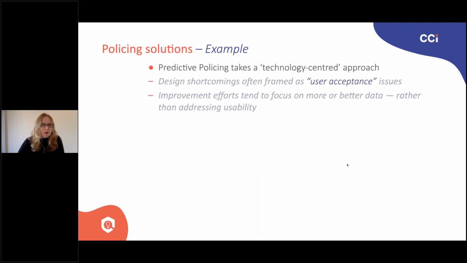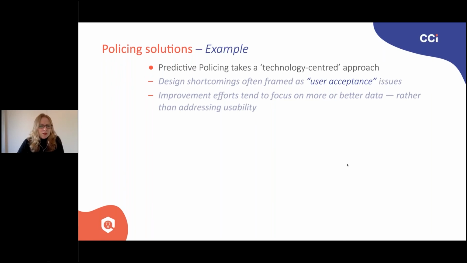And what's interesting about predictive policing is the way, because it takes a technology-centered approach, it deals with issues that arise. So we noticed that any design shortcomings are often framed as user acceptance issues. So instead of saying there's something wrong in terms of the design of predictive policing, it's said that there's something wrong with the people for not accepting that particular technology.